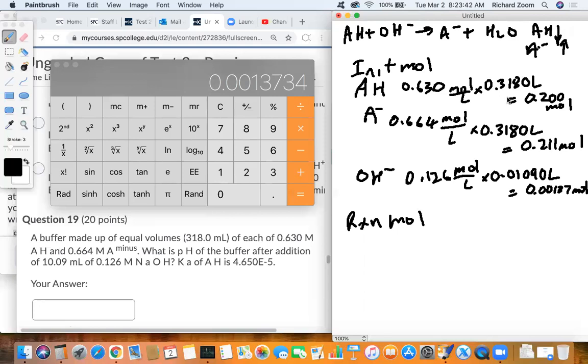So for the reaction moles, for AH, it'll be initial moles of AH minus the initial moles of OH-.